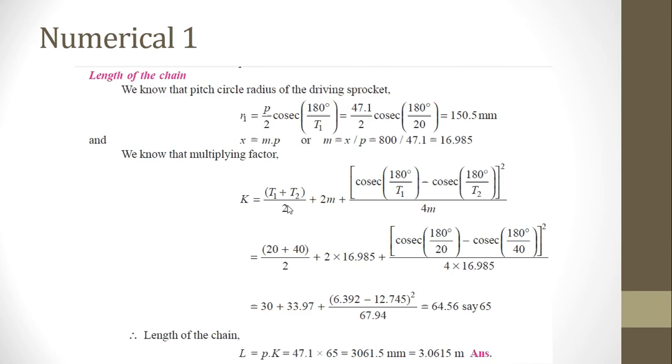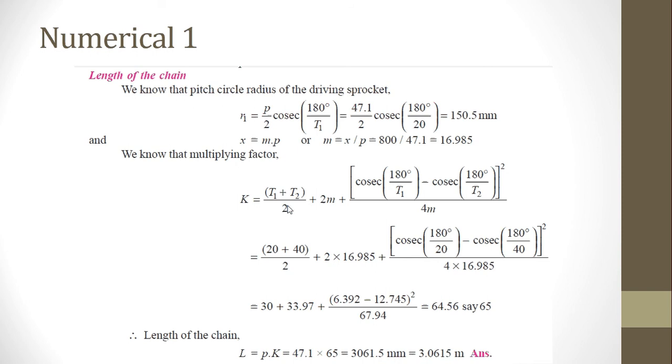And then to find out the length we have to first of all find out the radii of the driving sprocket, that is R1, and that comes out to be 150, and from x is equal to MP we can find out the module that comes out to be 16.98.